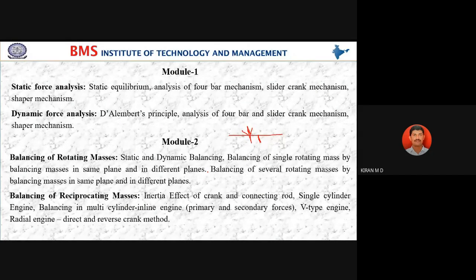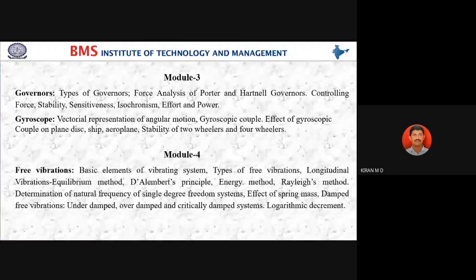Next, third module, you have the governors. What is the governor? Do you have any idea about governors? I've heard in the news about the speed governors for commercial vehicles or speed governors for buses.